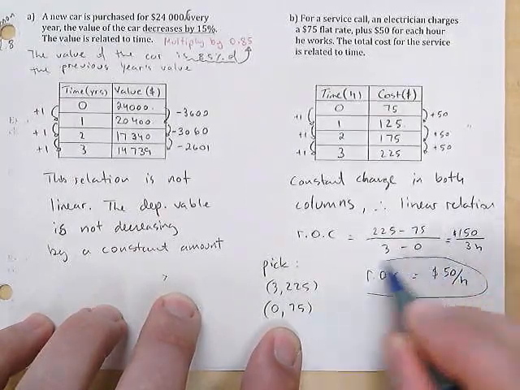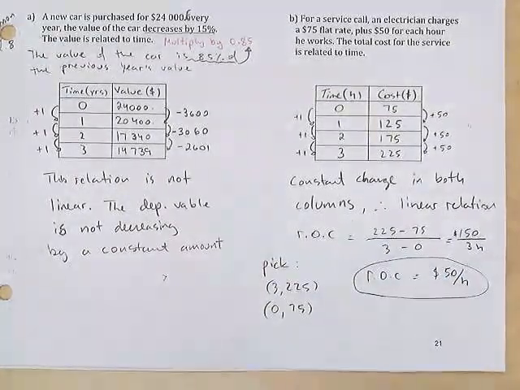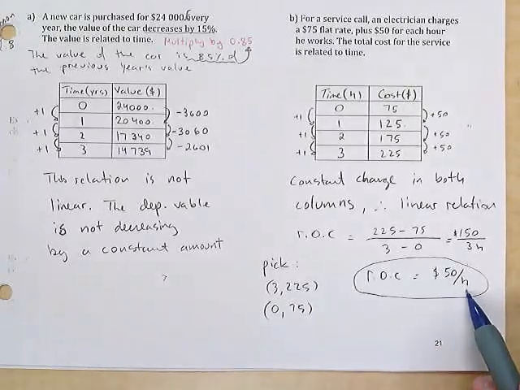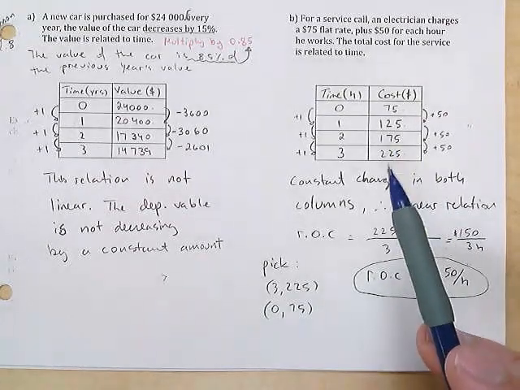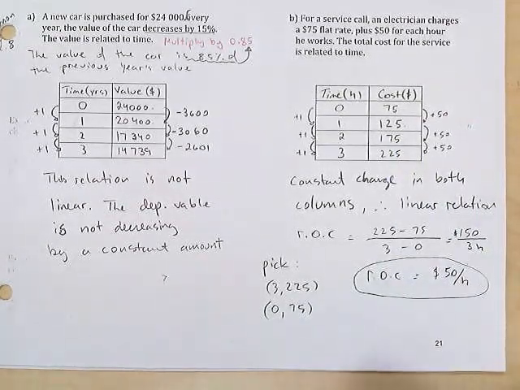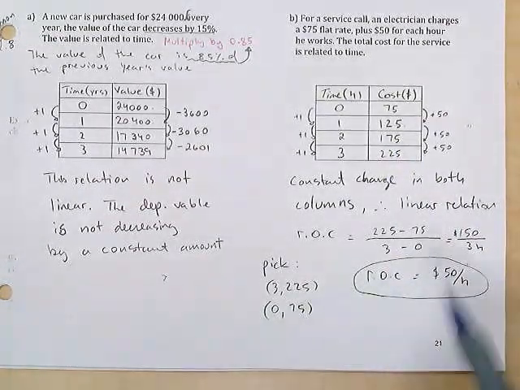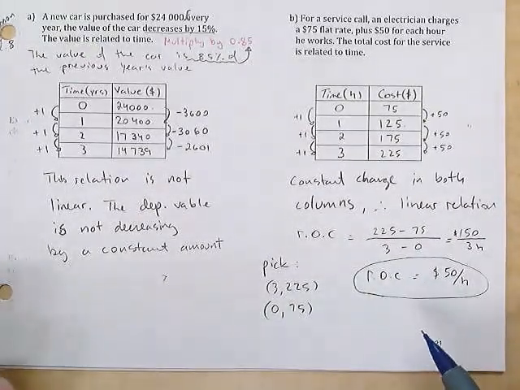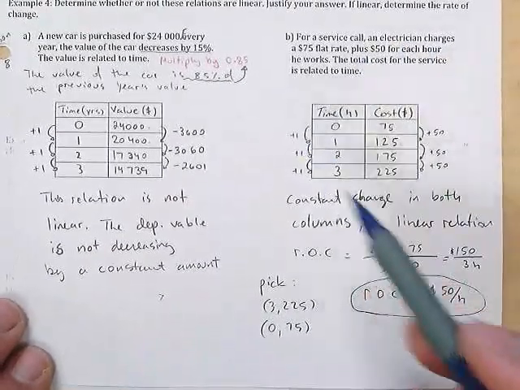So whenever you are doing the math here, make sure you have units, right? And you reduce it. So yeah, you guessed it, the rate of change is what this person is charging per hour, okay? Could we come up with an equation for this particular scenario?